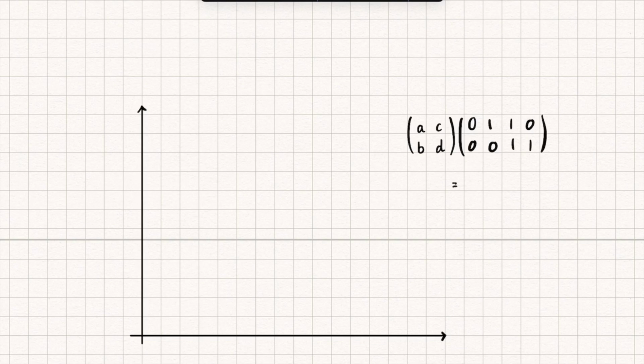So let's see what happens to each of these points under the transformation. Well, the origin remains fixed. We're then going to get some new point, (a, b), like so. Then we're going to get (a plus c, b plus d), and finally we're going to get the point with coordinates (c, d), like so.